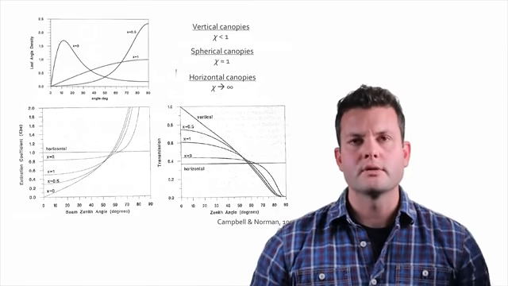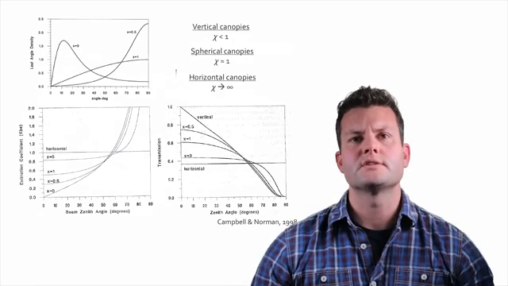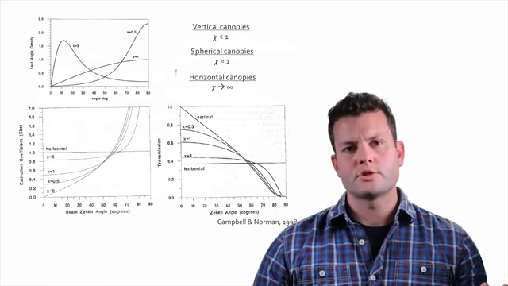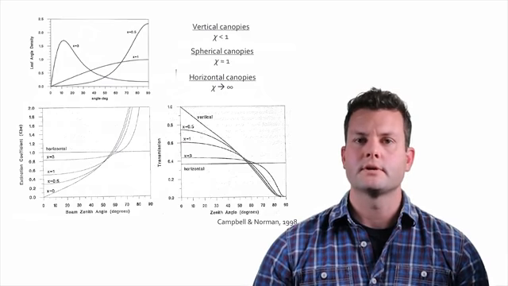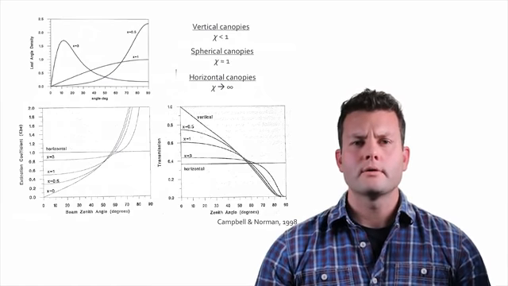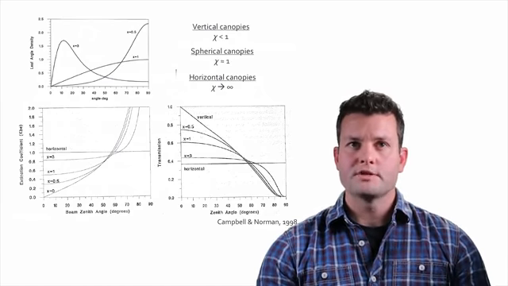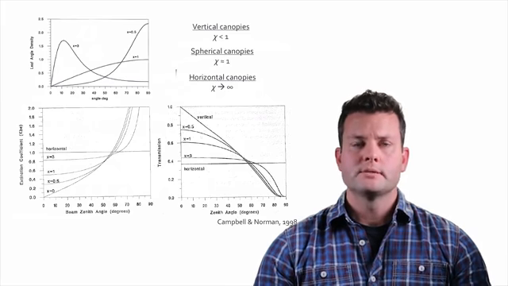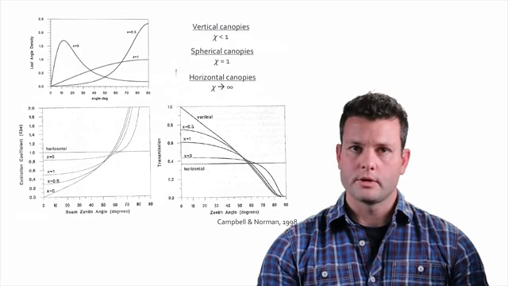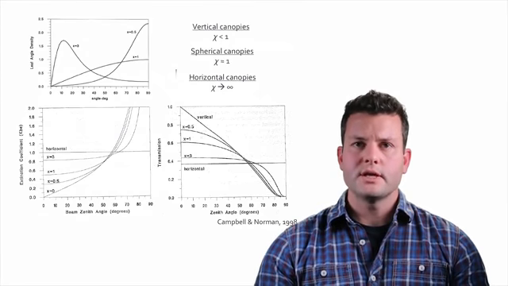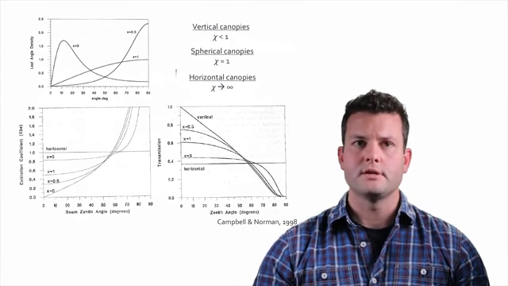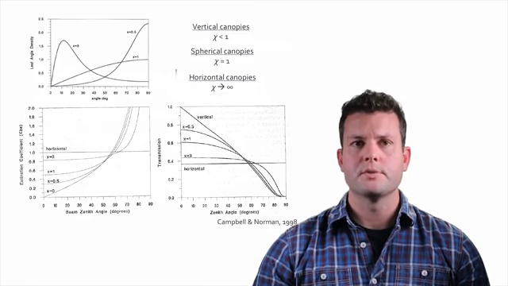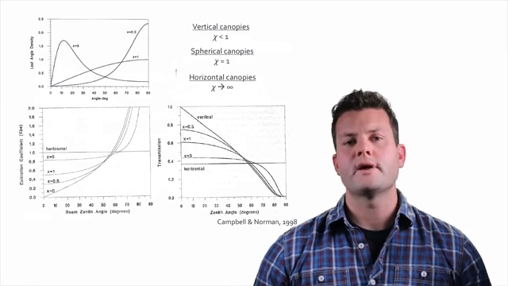I think the most important thing to take away from all of this is to see that in the upper left, there's 3 different canopies with very different leaf angle distributions and thus different chi values. However, those chi values range from 0.5 to 3. But if you look at both the figure in the lower left and the lower right, there isn't a huge amount of difference in either extinction coefficient or transmission amongst those chi values.